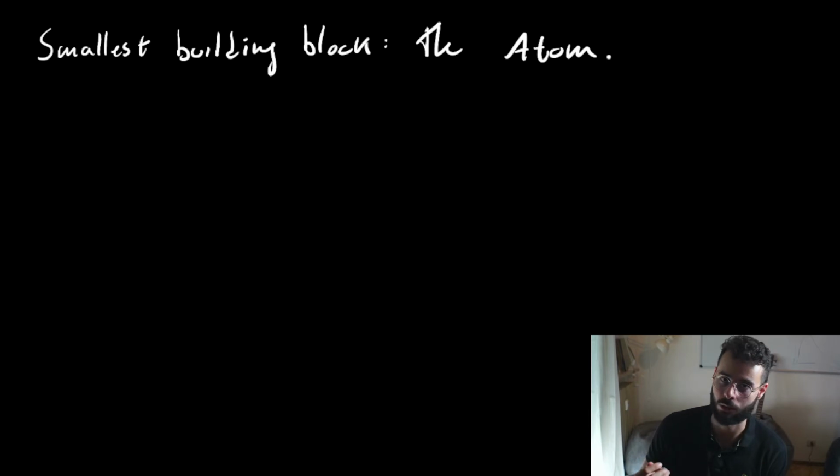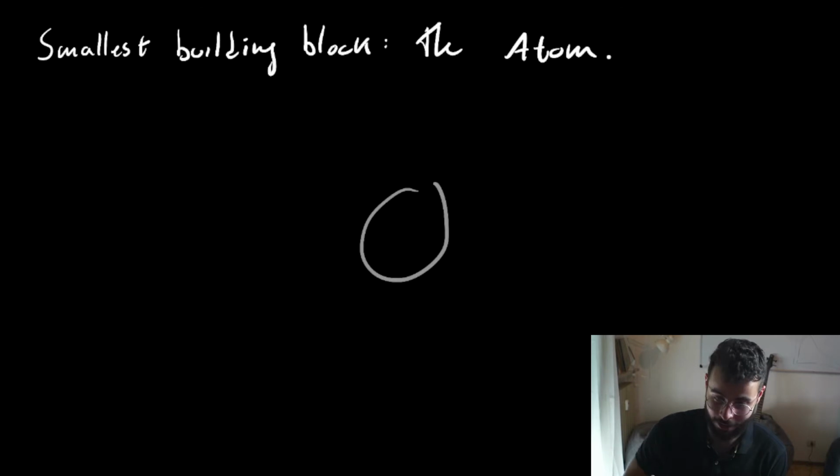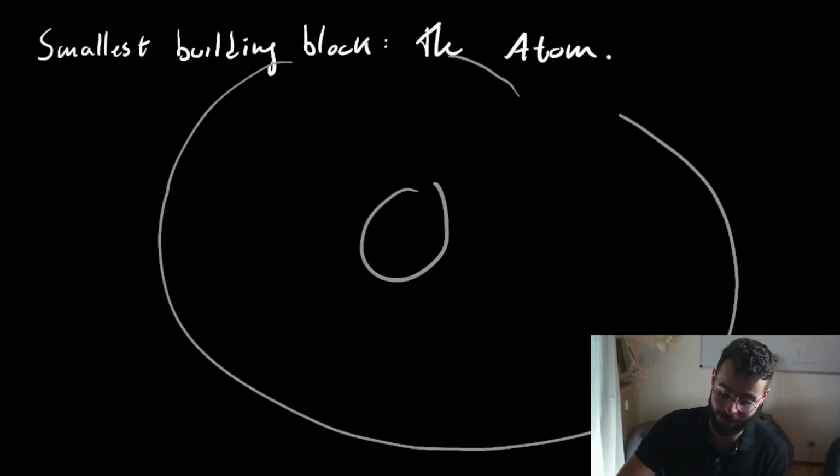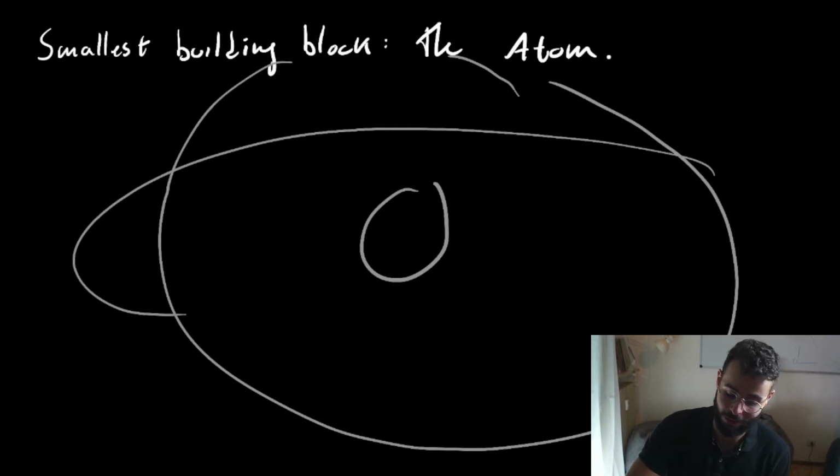So what is an atom? The very incorrect, old-fashioned way to visually represent an atom is as the following. You have the core, and you have the orbitals around the core of electrons.